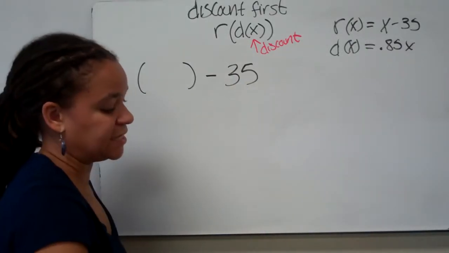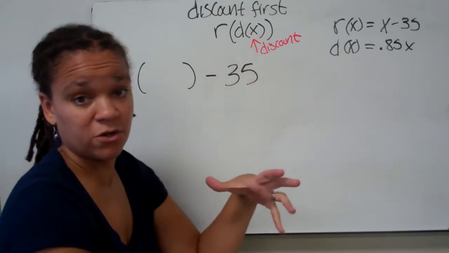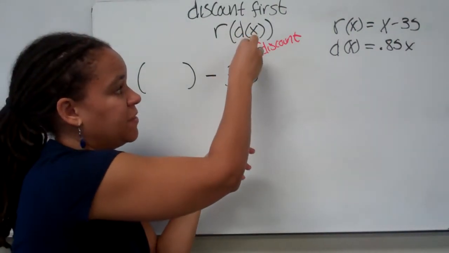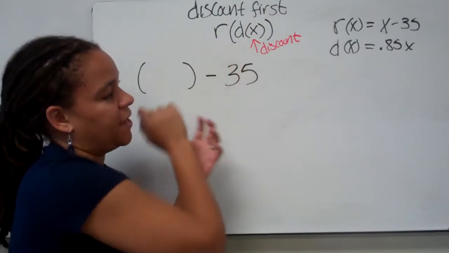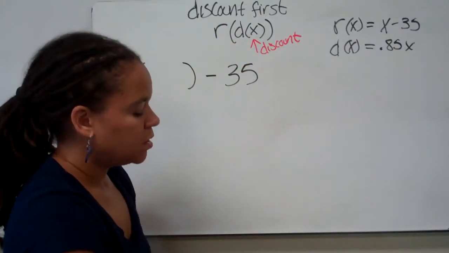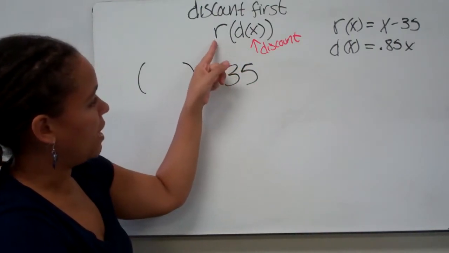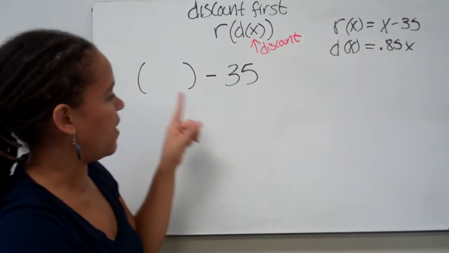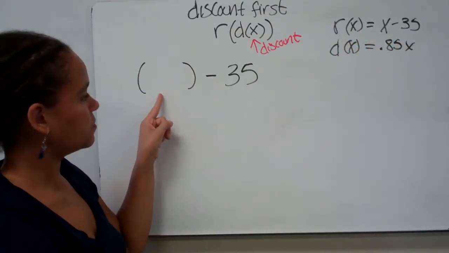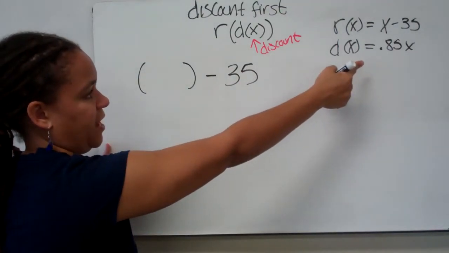All right, if we take the discount first, we want to put the discount on the inside, because the way composite functions work, you evaluate the inside, get a value, and then you apply that to the outside function. So if we took the discount first, we're going to have R(x), that's the rebate one, which is x minus 35, and notice I kept my little parentheses here because now I'm going to plug in the D(x).